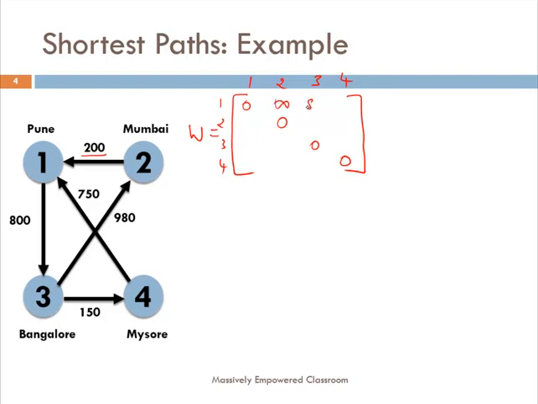So this is infinity, 800 and infinity. Similarly from 2 there is an edge to 1, 200, and then there is no edge to 3 or 4. So those will be infinities. From 3 we have an edge to 4, and also to 2. So this is infinity, 980 and 150, and then from 4 we only have an edge to 1, 750, and the others will be infinity. So this is the initial distance matrix or weight matrix.